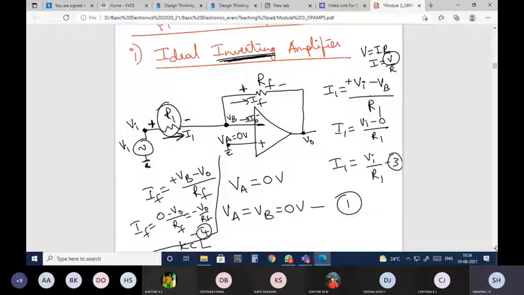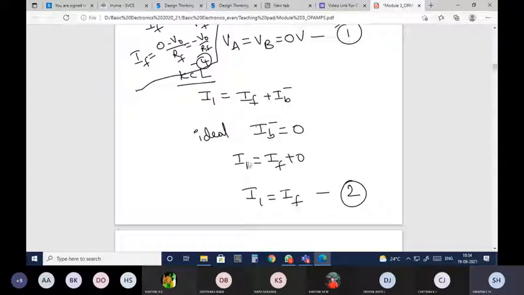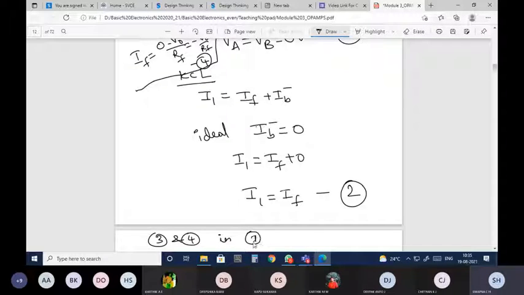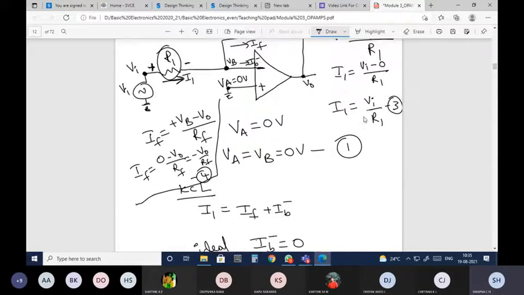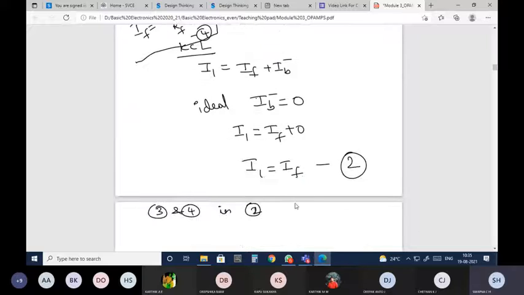Now you have equation 2 as I1 is equal to IF. Now what I'll do, I'll substitute 3 and 4 in 2. Third equation, I1 equation is nothing but Vi by R1. IF equation is nothing but minus V0 by RF. These two I'll substitute in the second equation.